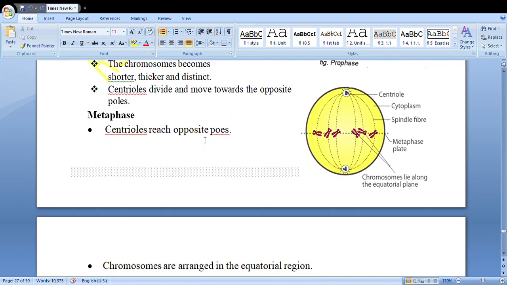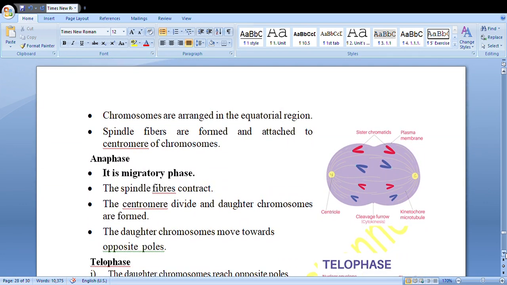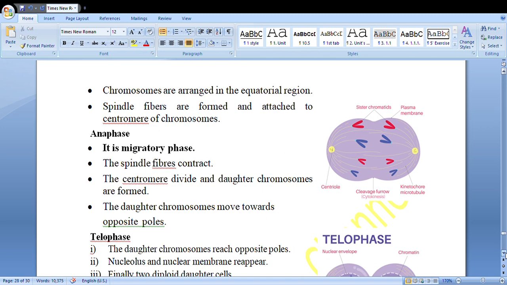Similarly, in metaphase, centrioles reach two opposite poles. In this metaphase stage, chromosomes are arranged in the equatorial plane. Spindle fibers are attached to the centromere of the chromosome.